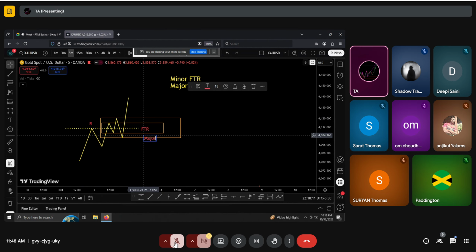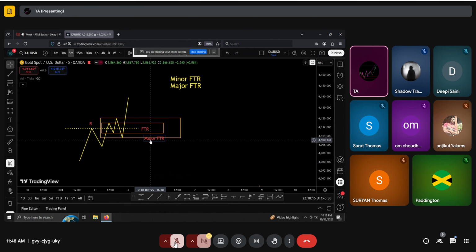This is our minor FTR, major FTR. This is a very important structure, and you will find it in many places, especially when the fake outs are created.